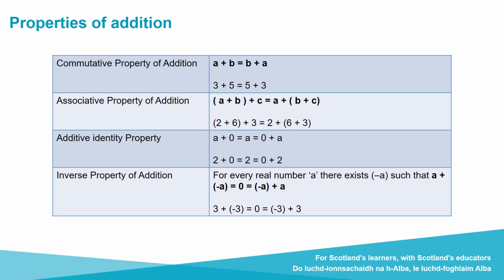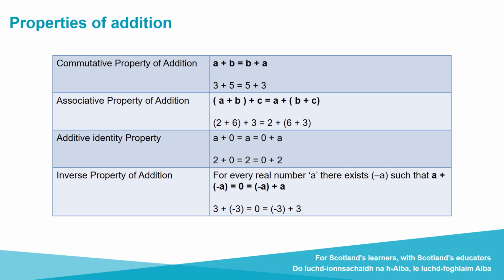They may or may not be directly aware of the associative property of addition, but again, it's worth giving learners time to think about combinations of calculations within a longer addition calculation, and coming to the realisation that you can add them together in different pairs and you'll still get the same result.